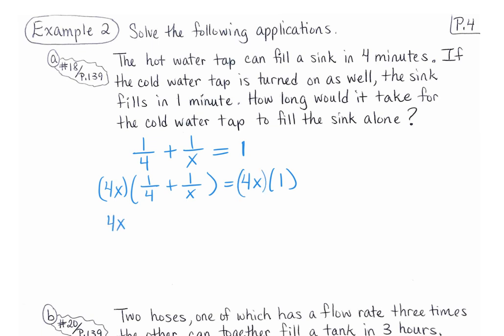That's 4x; you can put it over 1 if you want to. 4x times 1 is just 4x. What happens on the left? What cancels? Yes, the 4's cancel, leaving us with x. Then the x is canceled, leaving us with 4. Equals. Now do what?